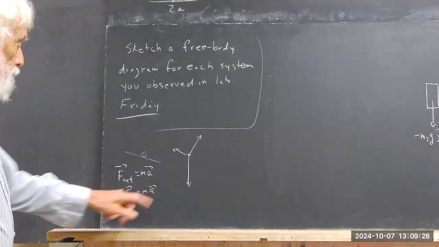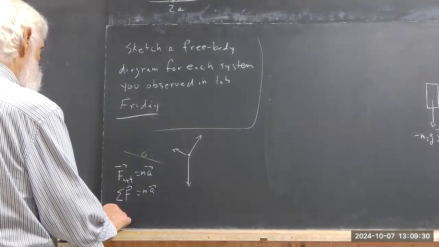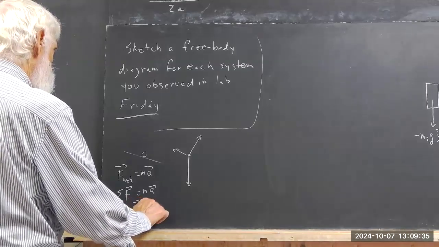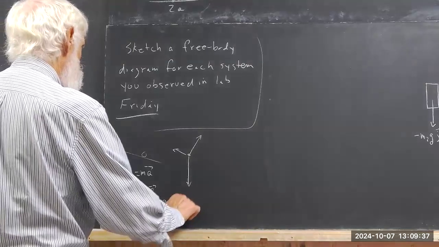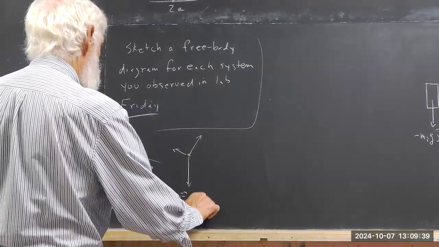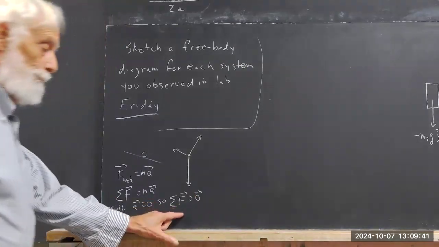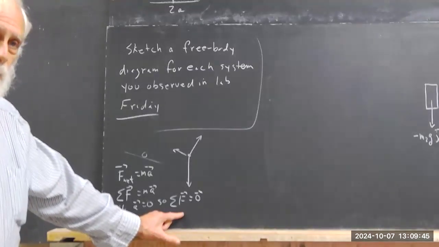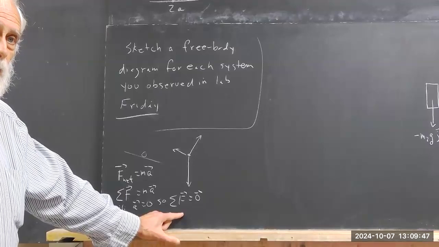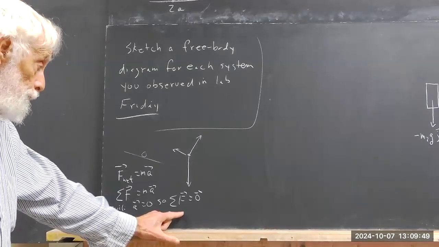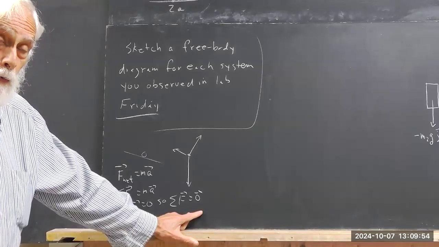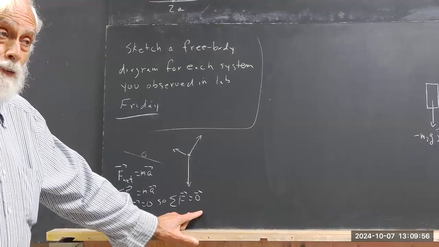If acceleration is 0, well, we did this last time. That's your equation. It's not sum of Fx equals 0, sum of Fy equals 0, sum of Fz equals 0, until you connect this vector equation with those three facts. That's not where you start.